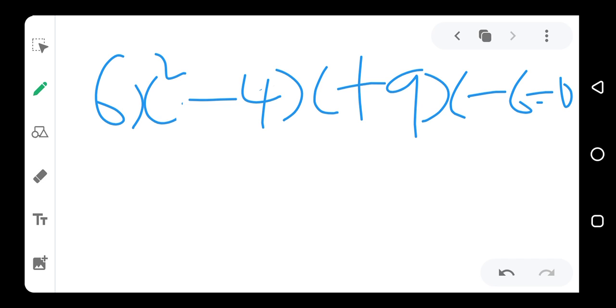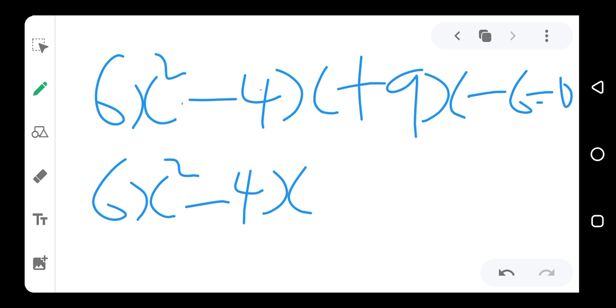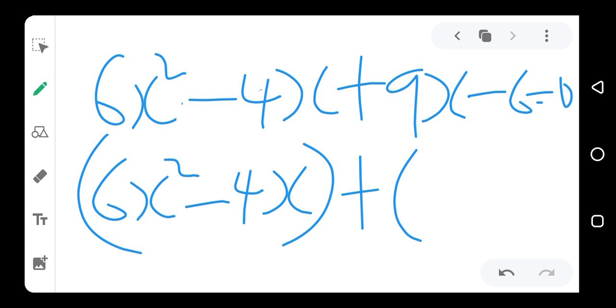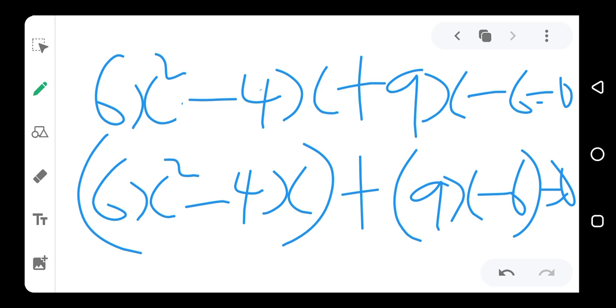If we group it, we have 6x squared minus 4x. This forms a group. Then plus, we group this one, plus 9x minus 6. Everything is equal to 0.